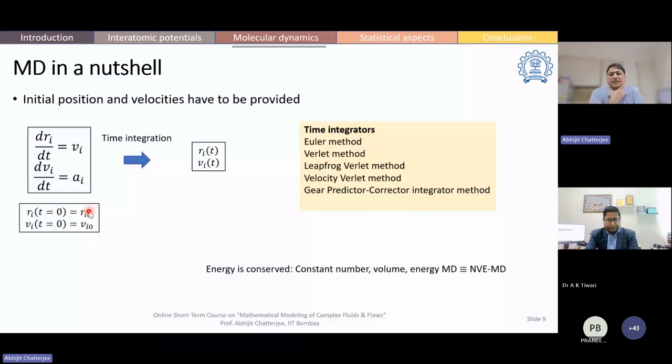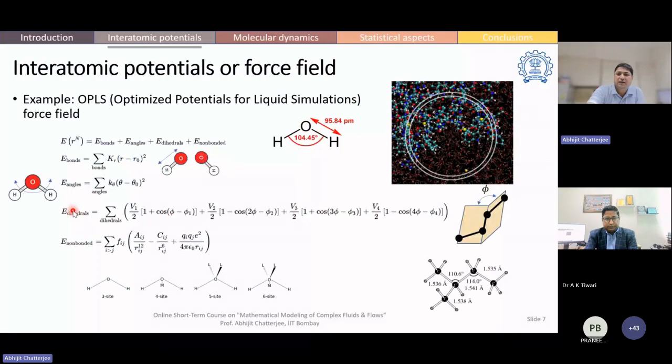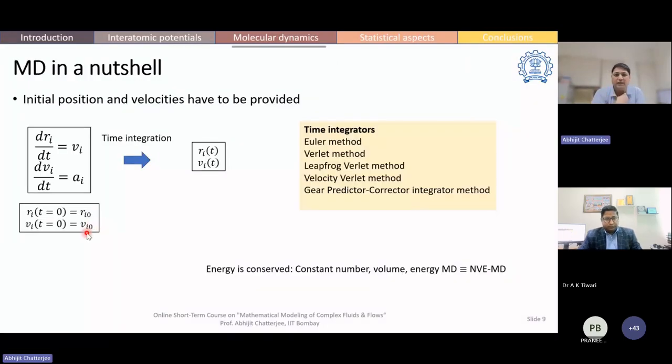These are standard techniques which one can easily search for and figure out how to place molecules in a desired kind of structure. But essentially we will generate some initial configuration like this where we know where every atom is present. And the velocity I'm going to talk about in a moment, how we can initialize the velocities.